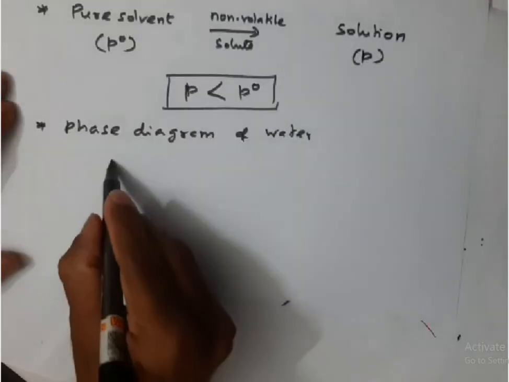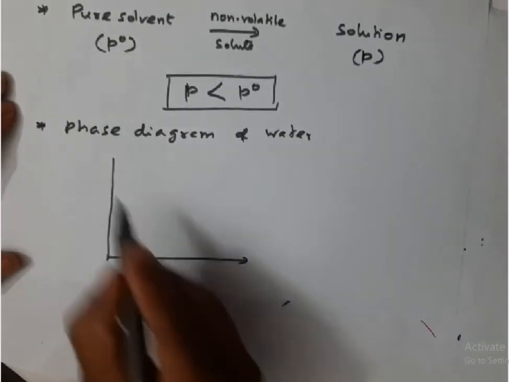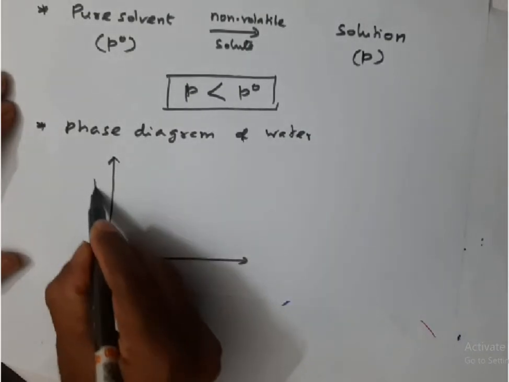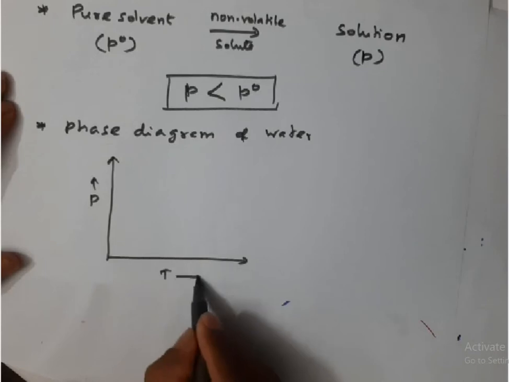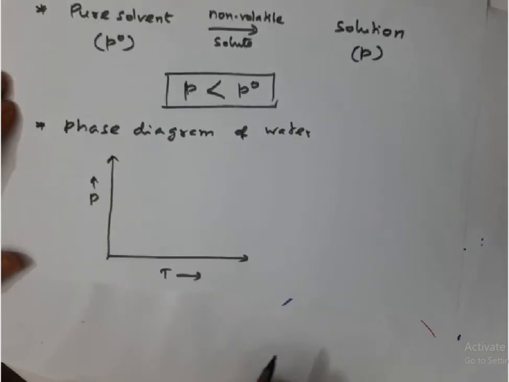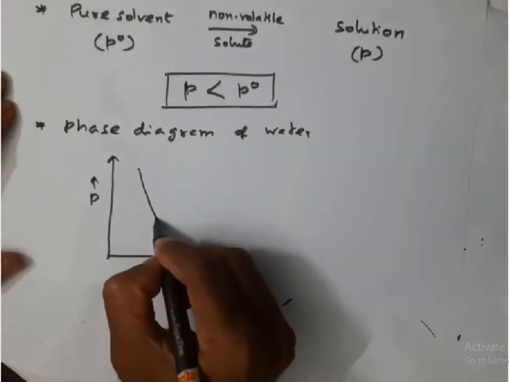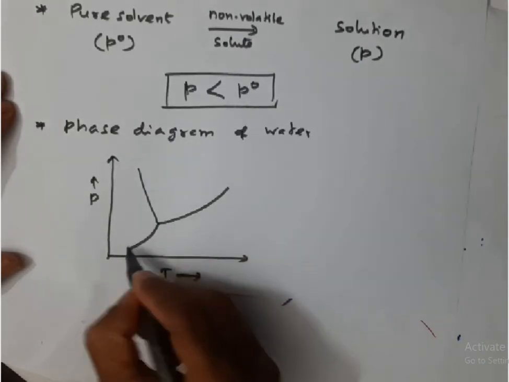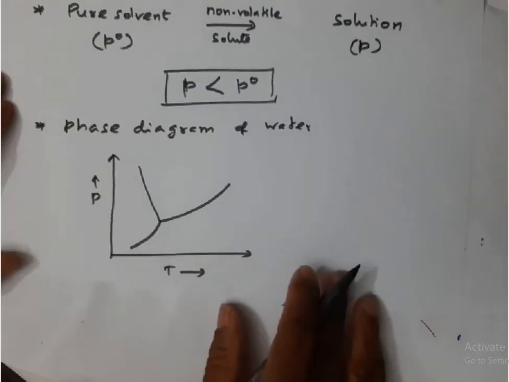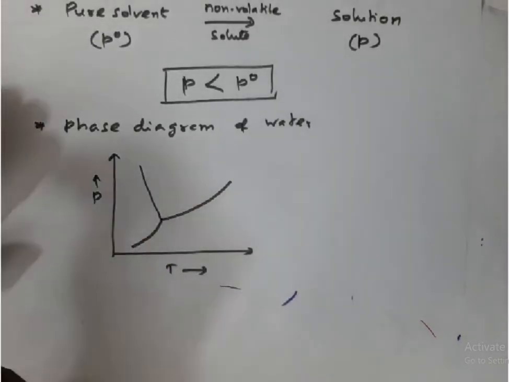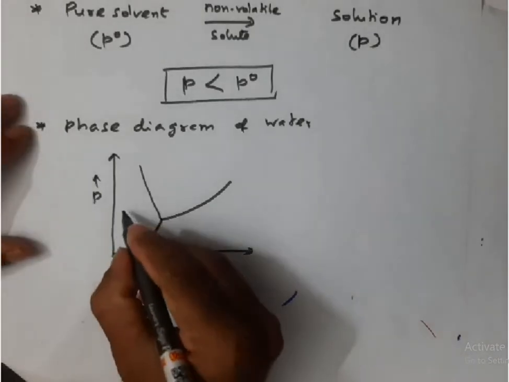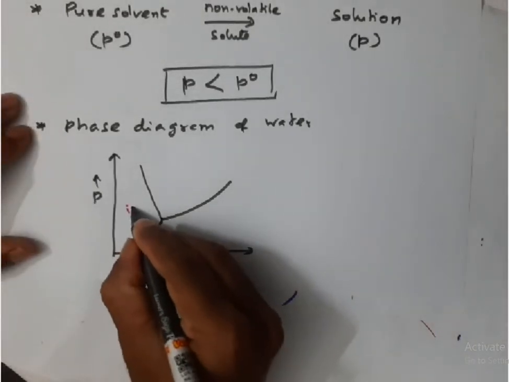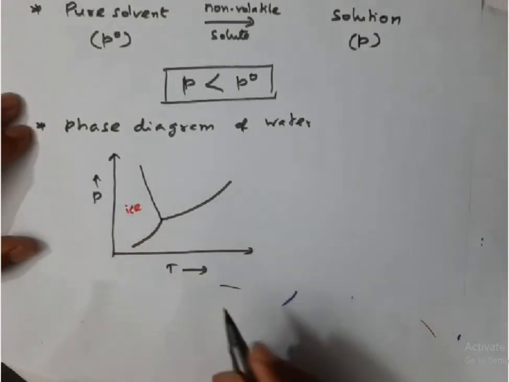Right. So in the phase diagram of water, we plot pressure in y-axis and temperature in x-axis. Okay, and the graph will appear something like this. I'm just showing some schematic diagram. So this is the phase diagram of water. In this phase diagram, this region consists of solid water, that is ice.